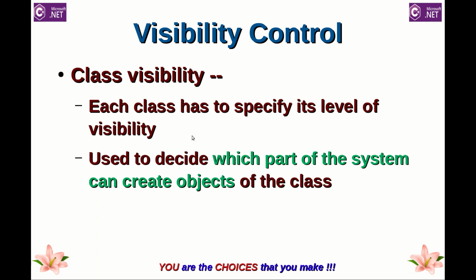If the class is a public class, it can create an object anywhere. When I say anywhere, it can be inside the program or it can be outside the program also. So if I want to decide which part of the system can create or manipulate the objects of that particular class, that can be decided by the visibility control.